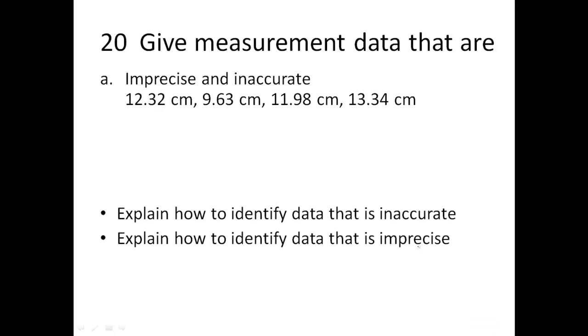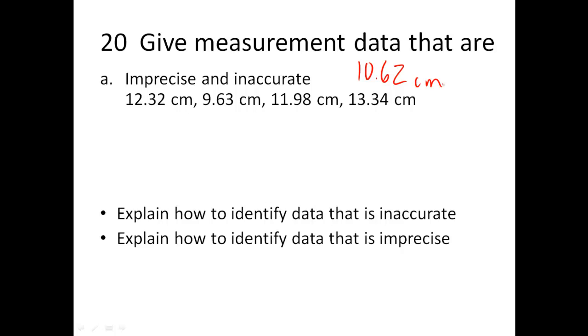So here we have data. Now to really analyze this data and answer the question, you have to remember, let's see, I've got to look at number 20. We've got to remember that our target is 10.62. 10.62 is the accepted value.